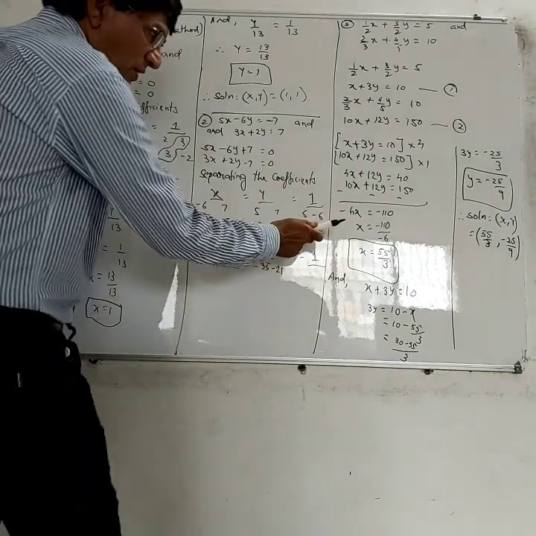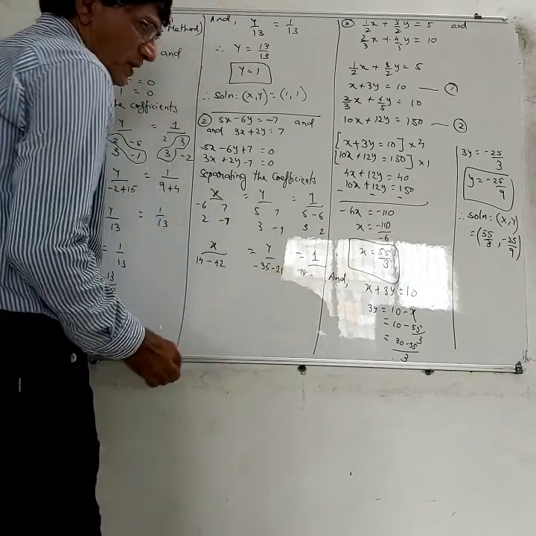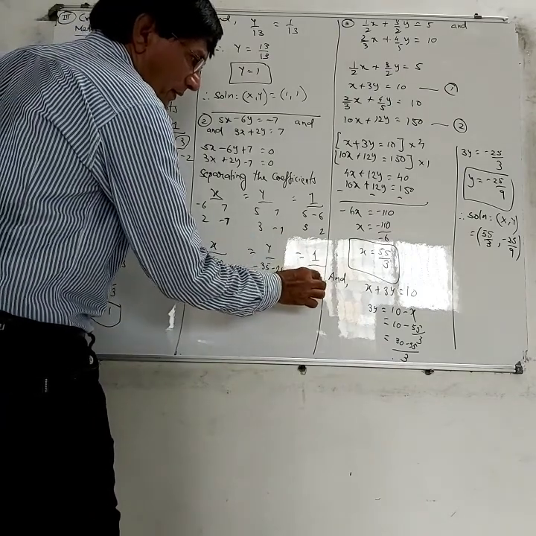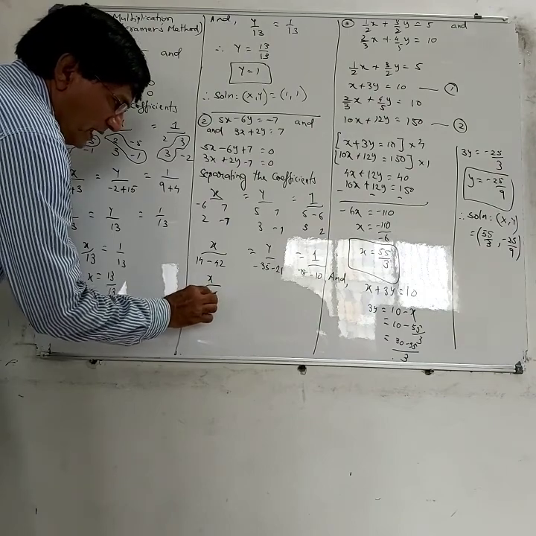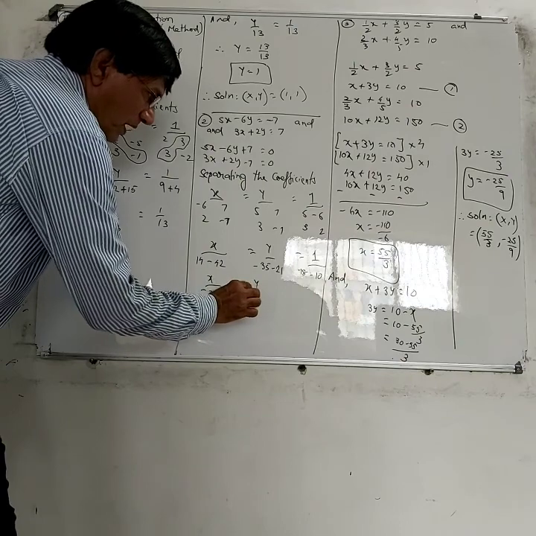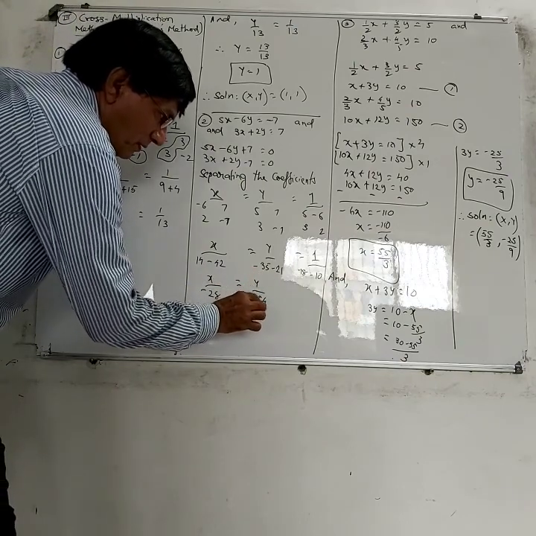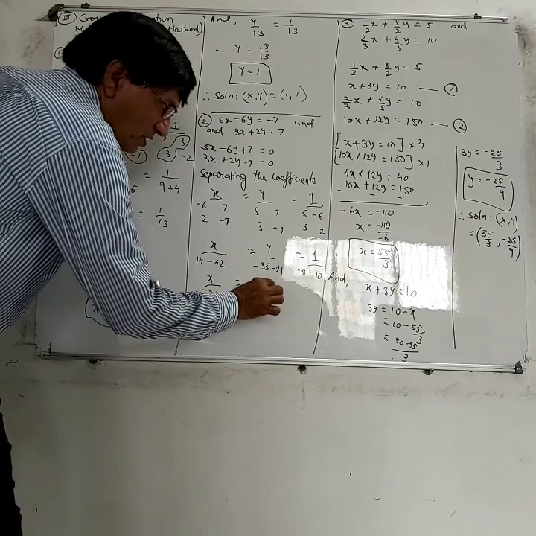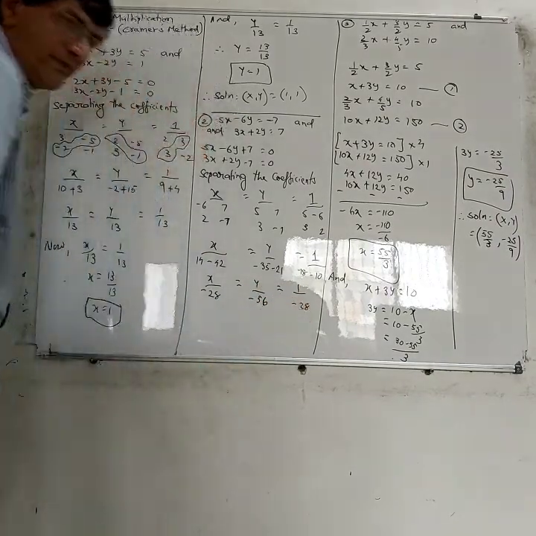Then after that this, again 3 6s are minus 18. Minus 5 2s are 10. So you get x upon 28 is equal to y upon 56, minus 56, and 1 upon minus 28.